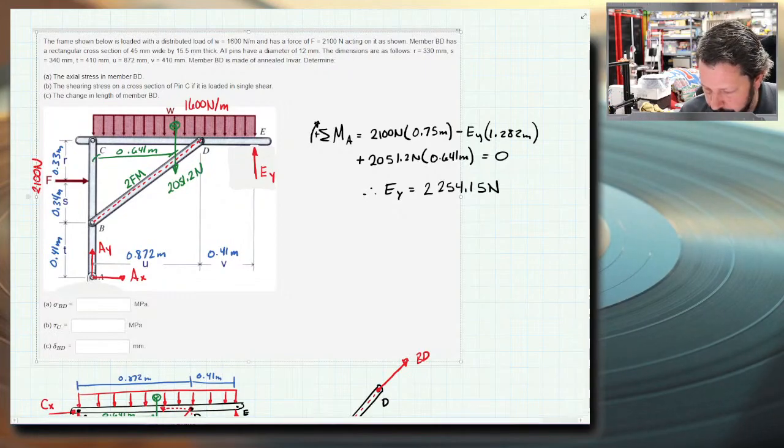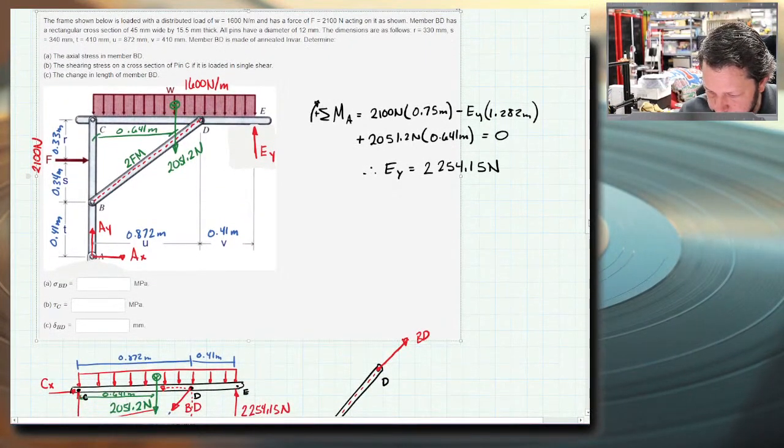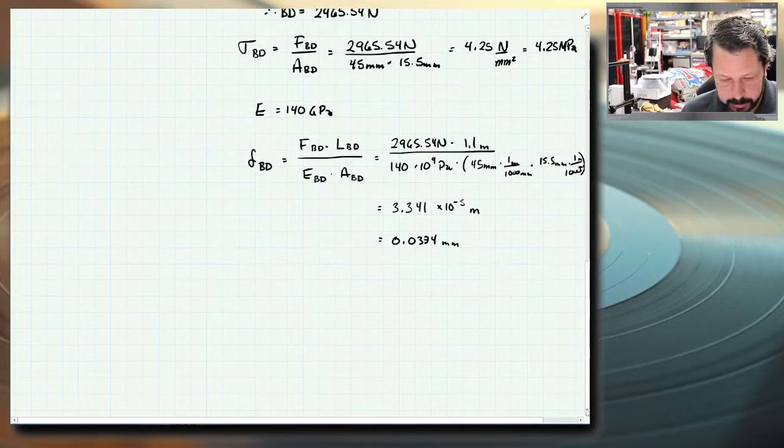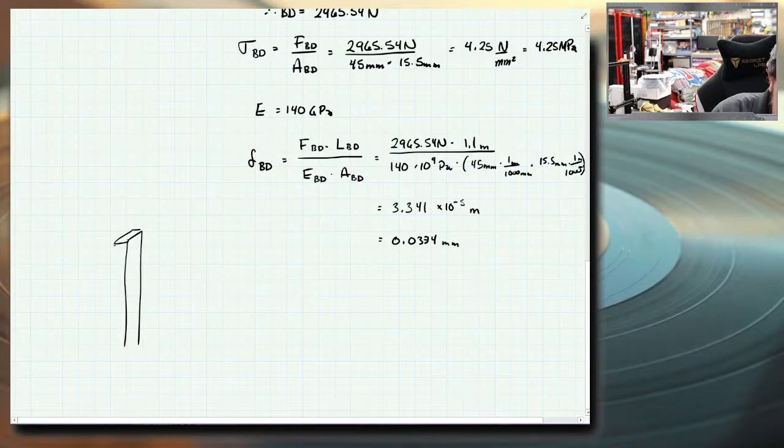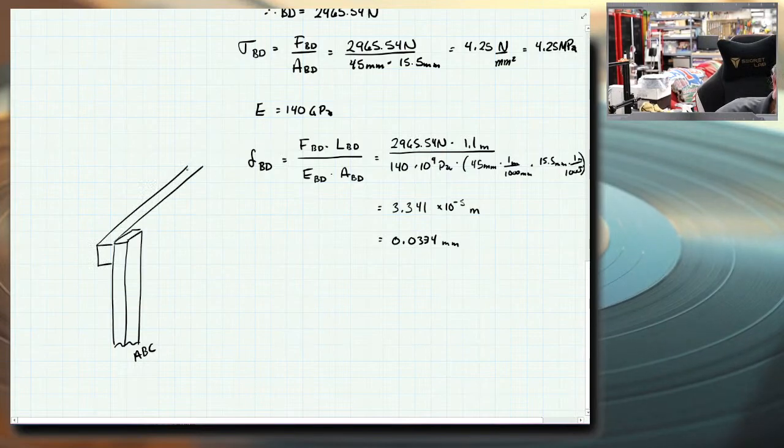If we were to draw that, I don't know how well I can draw this, but let's look at it this way. Here is ABC, standing up vertically, and then CDE is out this way.